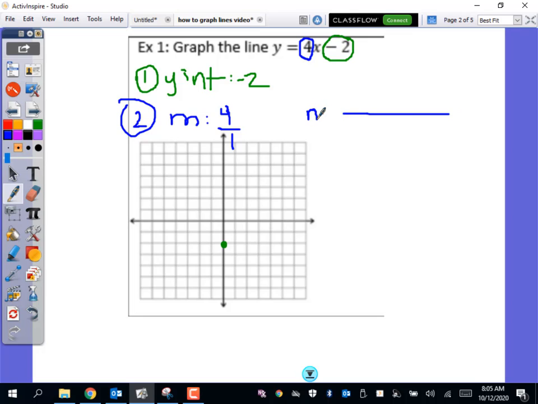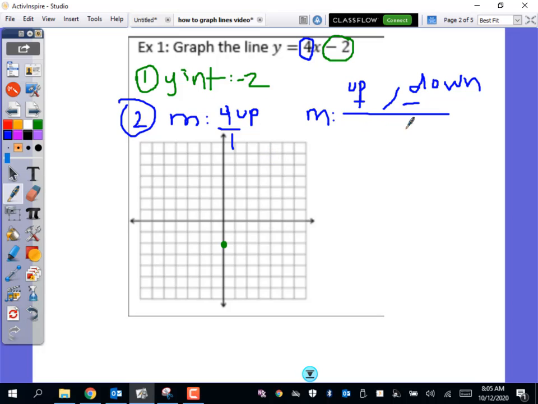My slope, if the top of my slope is a positive number, then that means I'm moving up that many. If the number on top is a negative number, then that means I'm moving down that many. So in my fraction, what number's on top? 4. Is it a positive or negative 4? It's positive. So that means I'm going to be moving up 4.